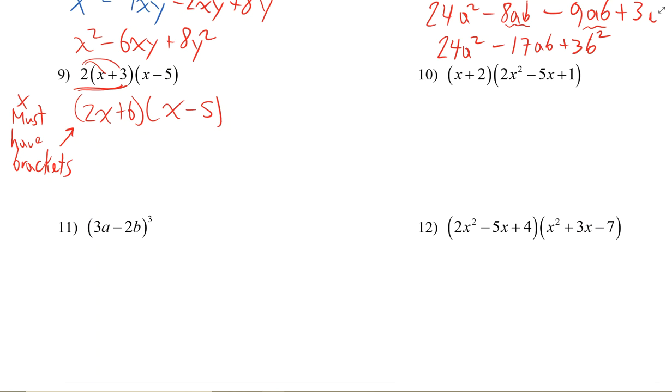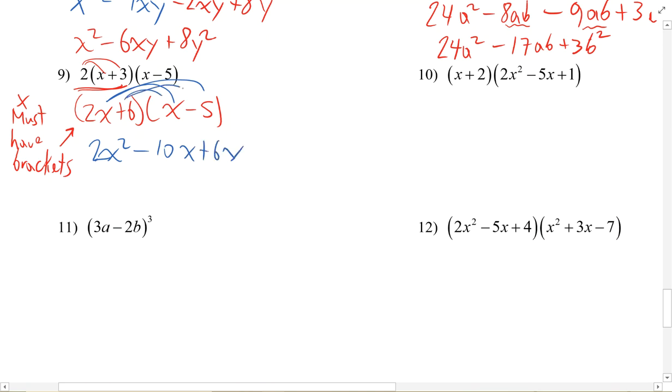So we would get 2x times x, which is 2x squared, 2x times negative 5, negative 10x, 6 times x, 6 times negative 5. Okay, there we go.